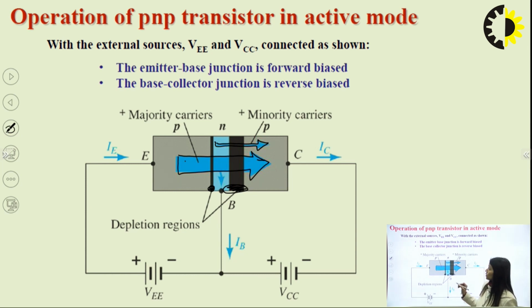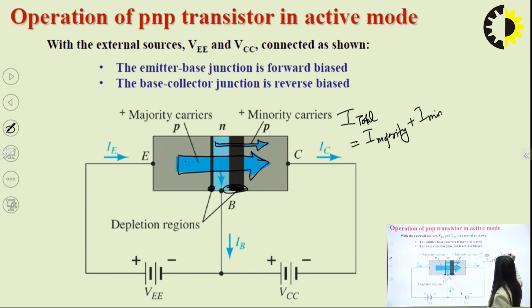The total current which is flowing from emitter to collector is the sum of the majority carrier current and the minority carrier current: I total is the sum of I majority plus I minority. Okay, so both the currents are flowing.